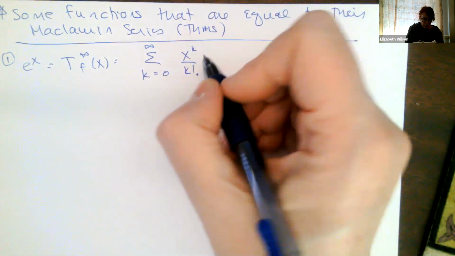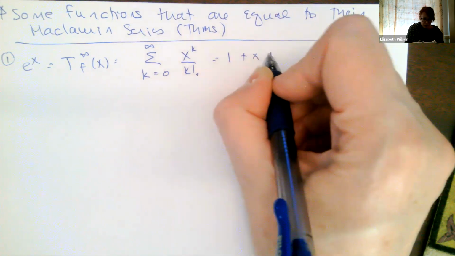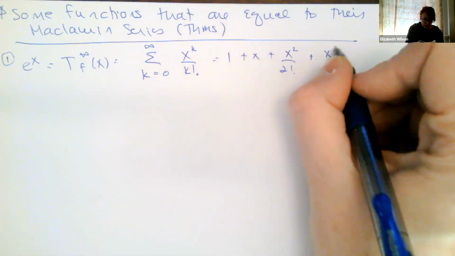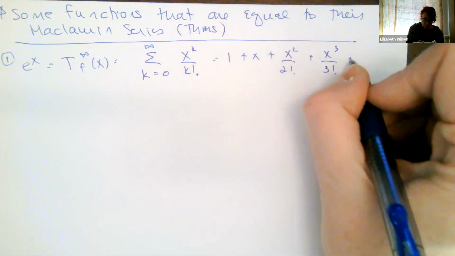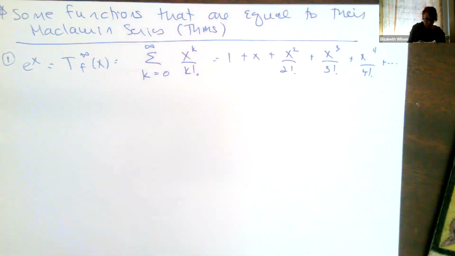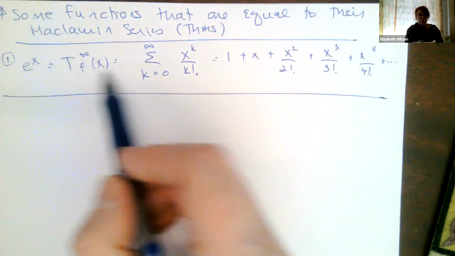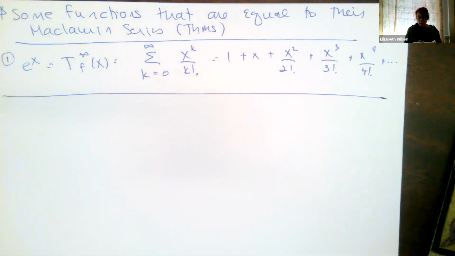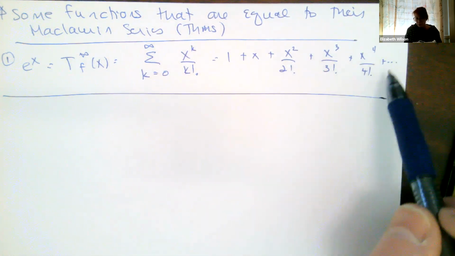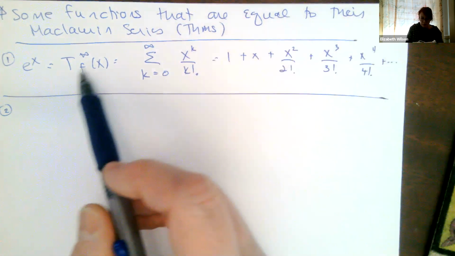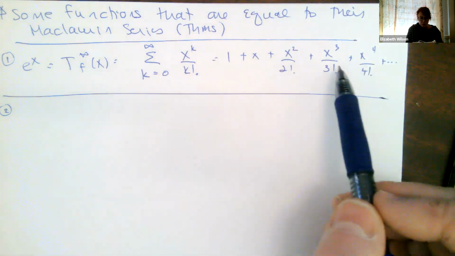And that's going to look like 1 plus x plus x squared over 2 factorial, x cubed over 3 factorial, x to the 4th over 4 factorial, and so on and so forth. So e to the x is equal to its Maclaurin series. Now remember, this goes out to infinity. So we do partial sums, okay? But if I take the limit of this function, it converges to e to the x.